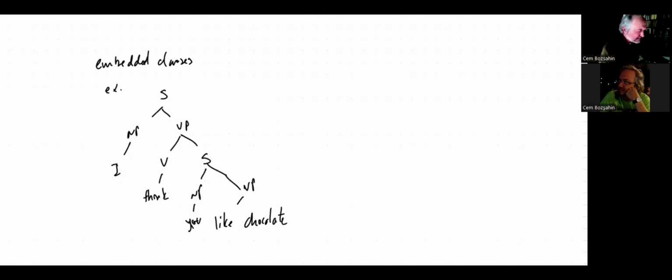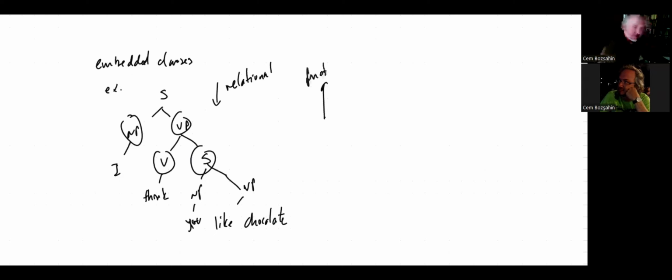It's again relational, looking this way. Why? Because if you look at S, you have NP and you have VP, so there are two constituents of S, not one, as in functions. And then you look at VP, there's V and S. There are again two constituents. So this is not a function, but a relation looking this way. But if you look the other way, it's going to be quite functional.